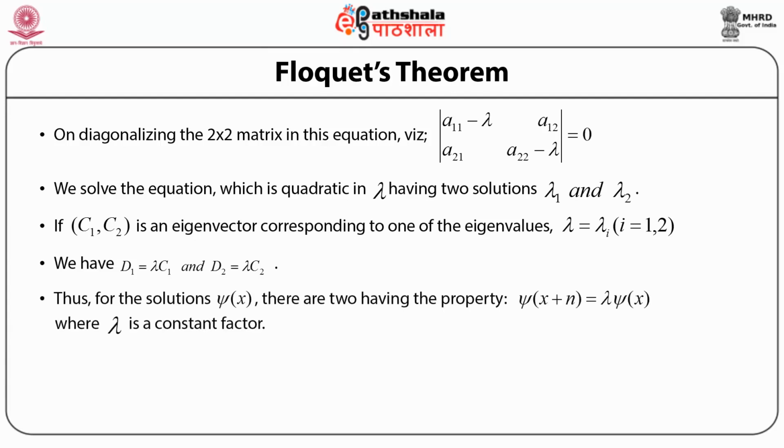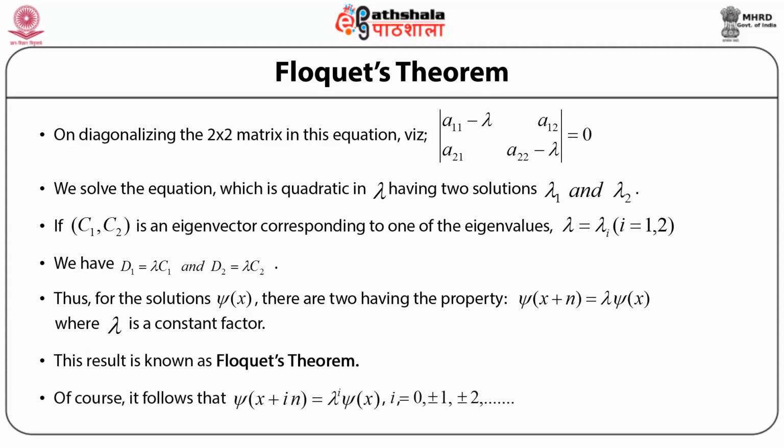Thus, there are two solutions psi(x) having the property psi(x + a) = lambda psi(x), where lambda is a constant. This result is known as Floquet's theorem. Of course, it follows that psi(x + l a) = lambda to the power l times psi(x), where l takes the values 0, plus minus 1, plus minus 2 and so on.